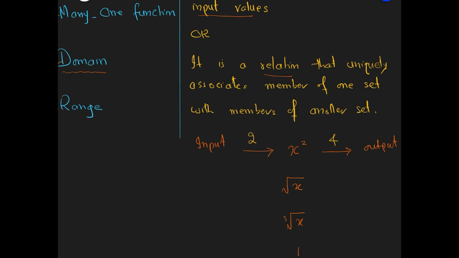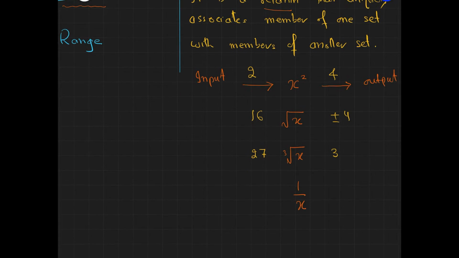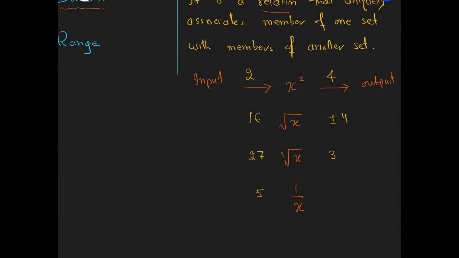Similarly, if we have an input value, say 16, the output value is plus minus 4. Similarly, 27 is the input value and the function is cube root of x, that will give an output of 3. And if our input value is 5 and the function is 1 over x, our output will be 1 over 5. So these are a few examples of functions.